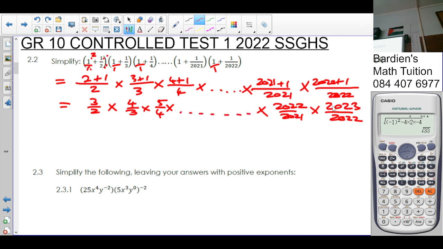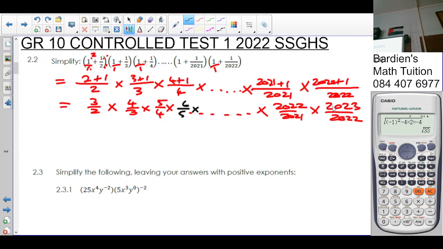What do the dots mean? It carries on from that point till that point, so all the fractions between apply. But what would the very next number be? It's 3, 4, 5, 6 over.